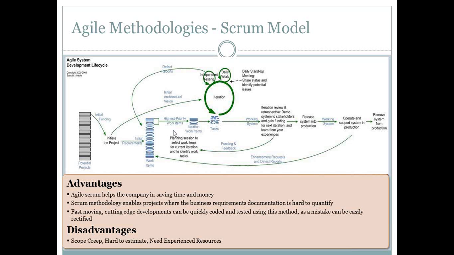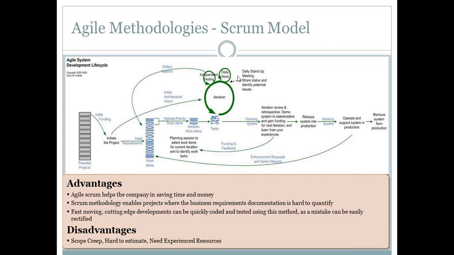The highest priority or most valuable functionality is coming out in the first few iterations, and the feedback also goes to the team from the customers or end users who are using the system. Those in turn are used to prioritize your work, and in each iteration you develop some functionality.